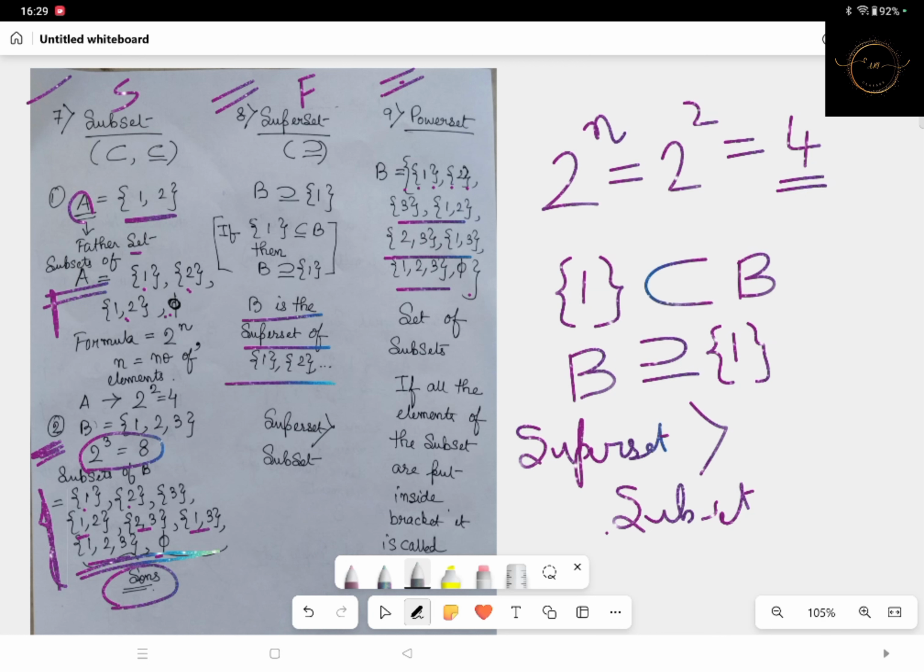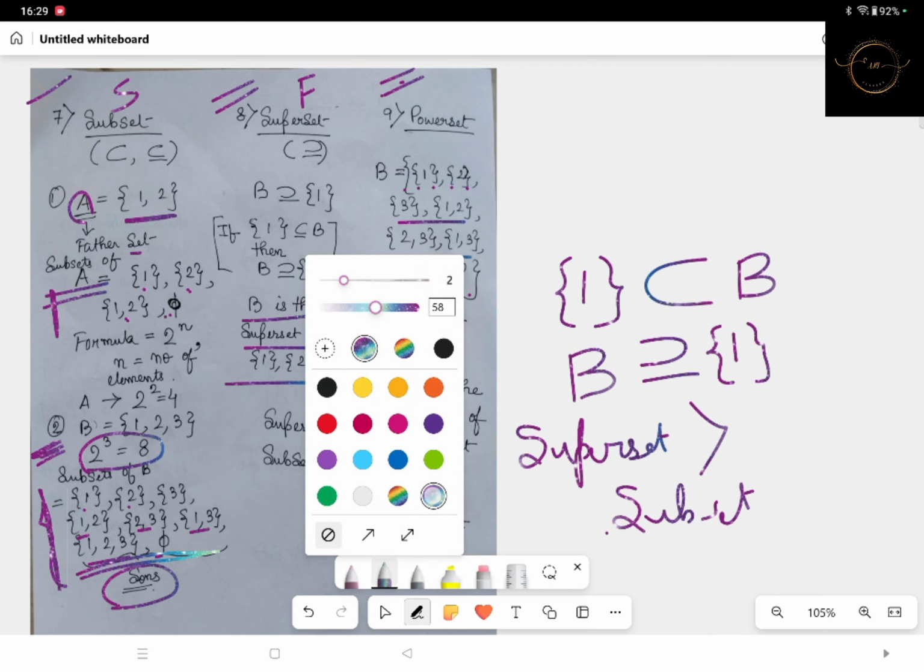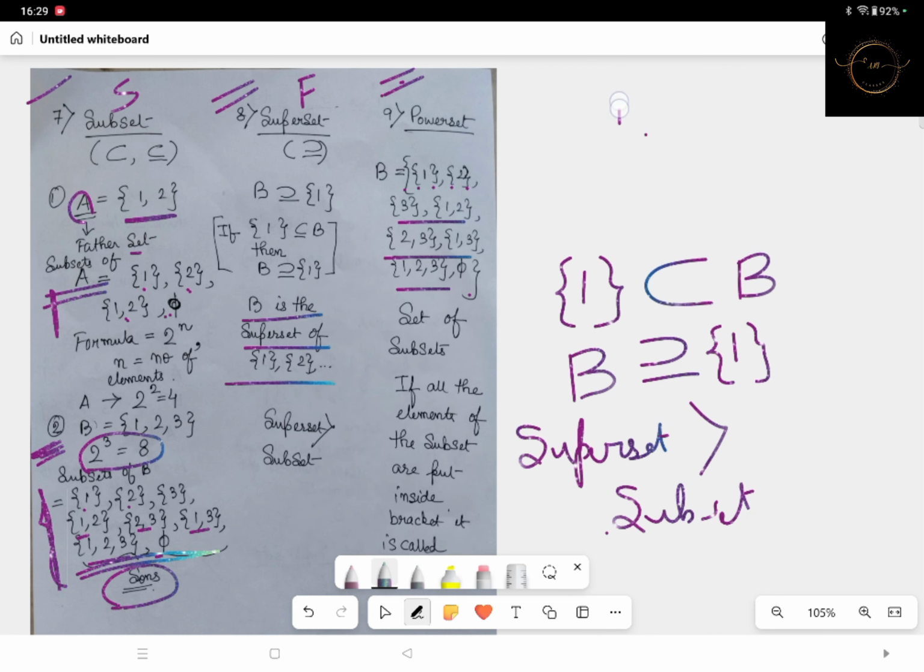One thing you must be knowing by now, that if I write 1 comma 2 comma 3, it will not make a set. The moment I put the brackets, it will be called a set.